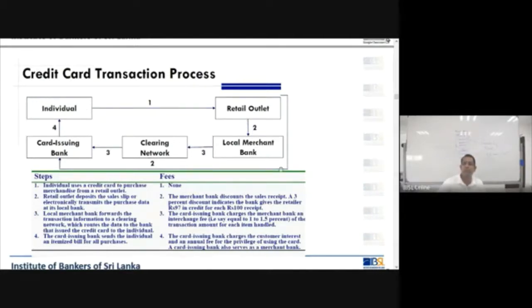So that is the process. We will have the card issuing bank and the merchant bank. For this, we are using the MasterCard network or the Visa network. For that, an annual fee has to be paid, which is based on the number of active cards. So these are the steps involved in credit cards. Right?